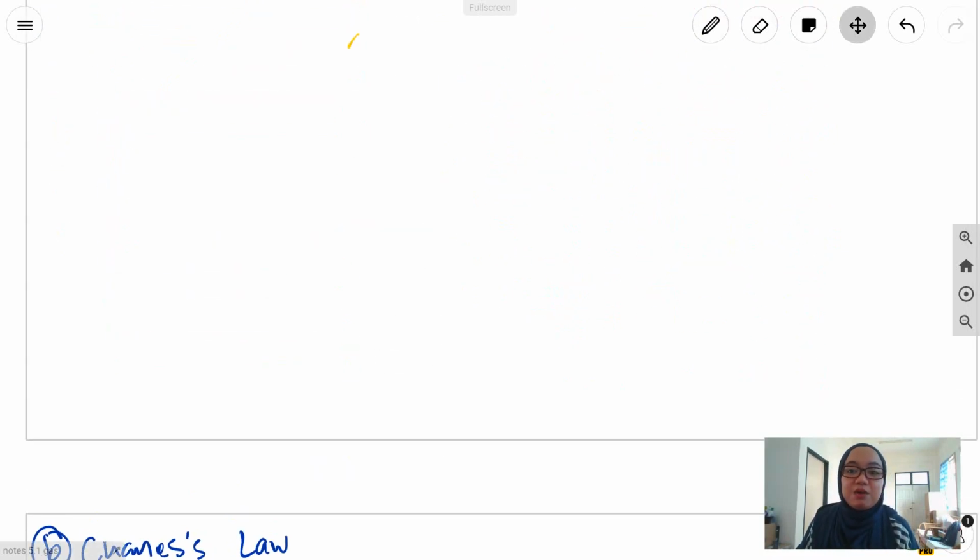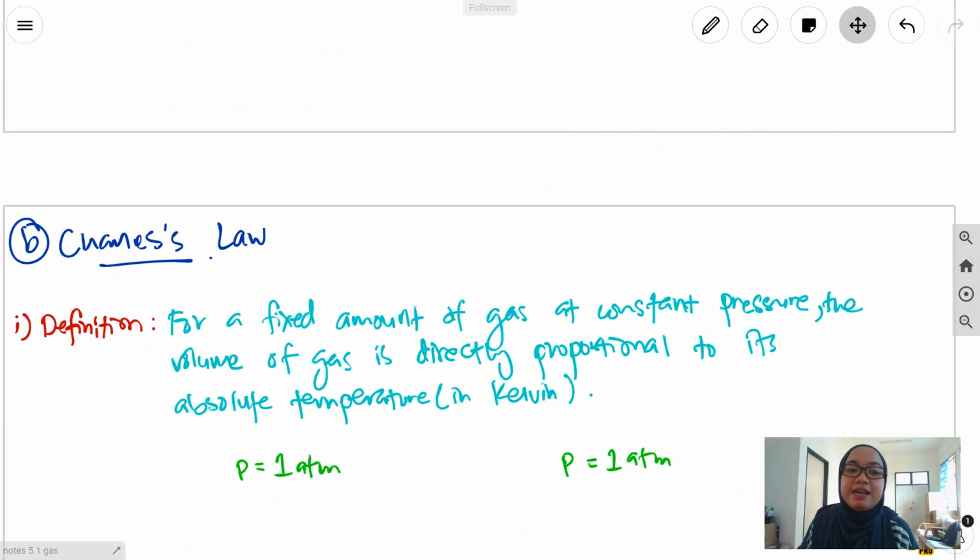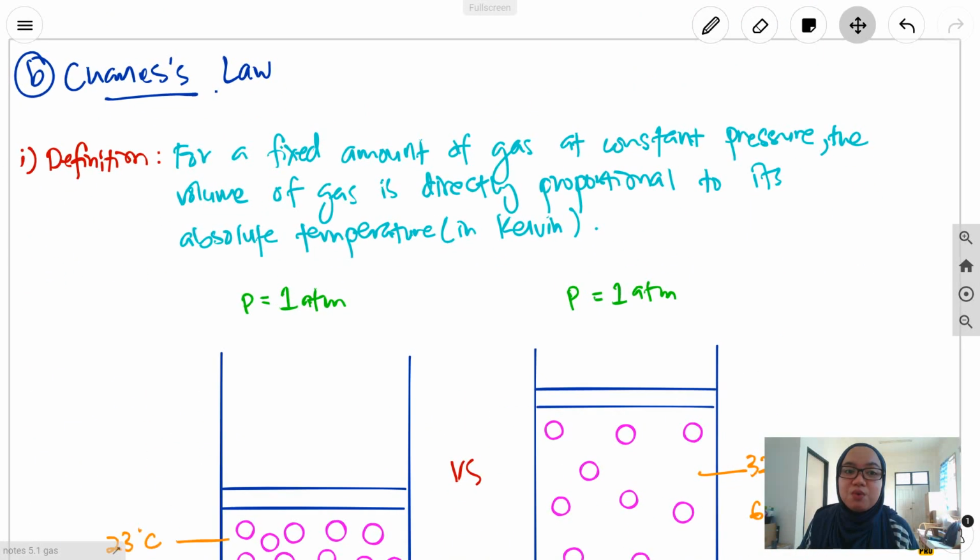Okay. Now we're going to move on to the next gas law, which is Charles' law. So just now for Boyle's law, the temperature is constant, so the volume is inversely proportional to the pressure. For Charles' law, the pressure is constant and the volume is directly proportional to the temperature.